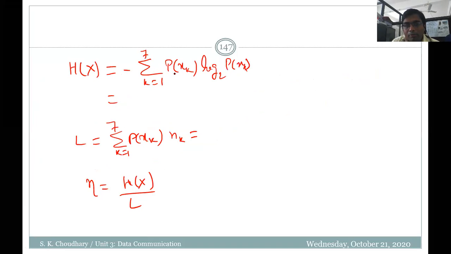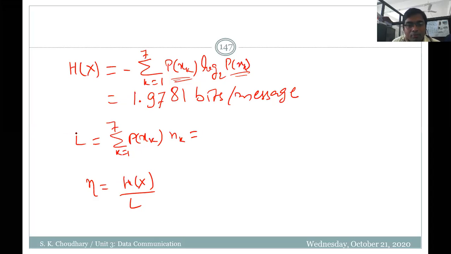Put in the value of probability, like the probability here is 0.46 and log base 2 of 0.46. Like this, we go for the 7 symbols. I am not going into the description because we have already done lots of problems on this. So I will directly write the value of the entropy: 1.9781 bits per message.